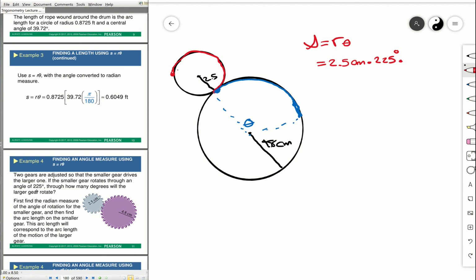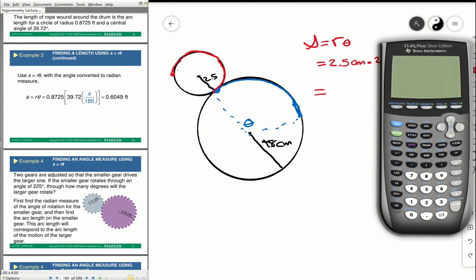We multiply it by pi over 180 degrees. Because we're going to be using whatever result this is again in the next part of the problem, we're going to try to keep this as an exact value. So we'll multiply it out, but we won't multiply out the pi. We'll leave that as pi.